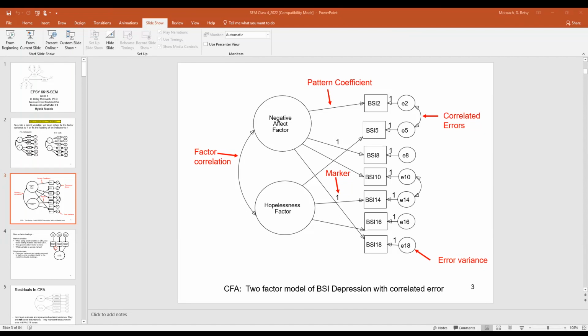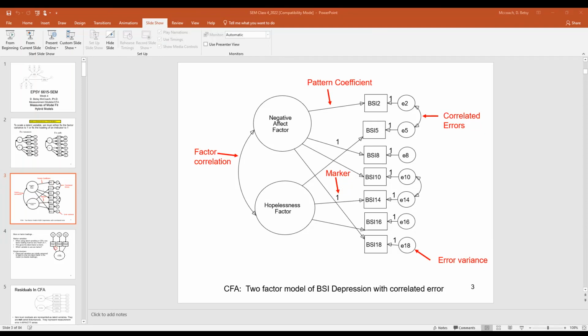It just means these two indicators are both predicted by the factor, but the piece that isn't predicted by the factor in this item and the piece that isn't predicted by the factor in that item, those two residual pieces are still correlated with each other. So these two indicators share something in common besides what they share with the factor. That's all it really means.